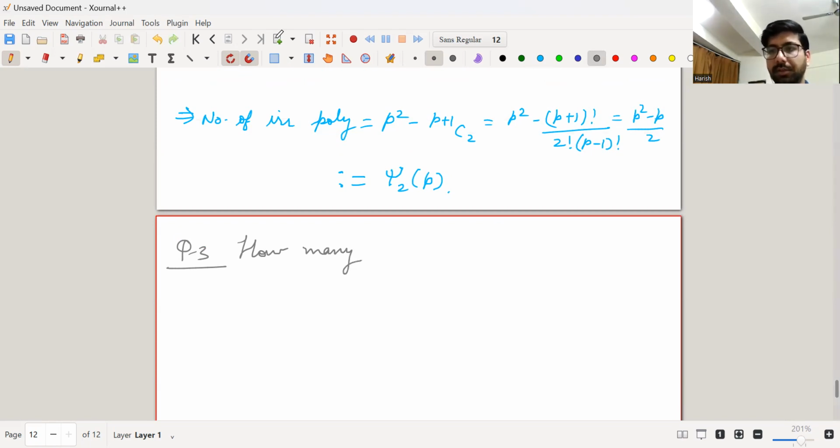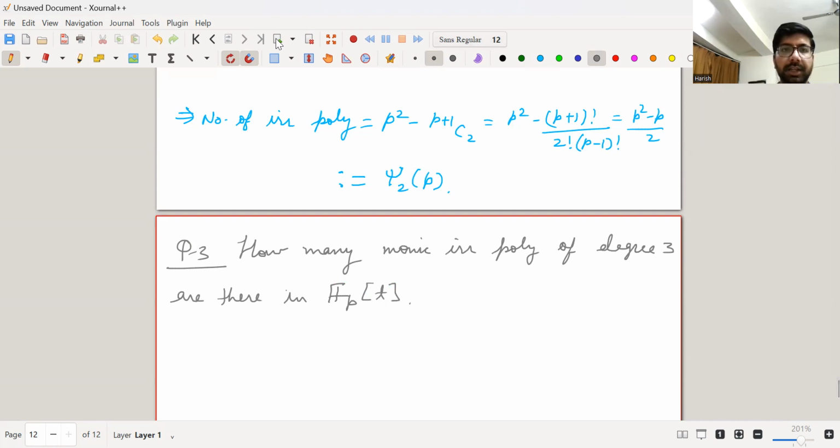How many monic irreducible polynomials of degree 3 are there in F_p[x]?